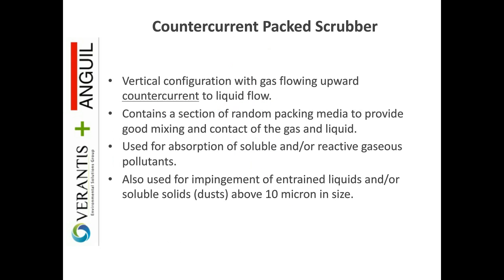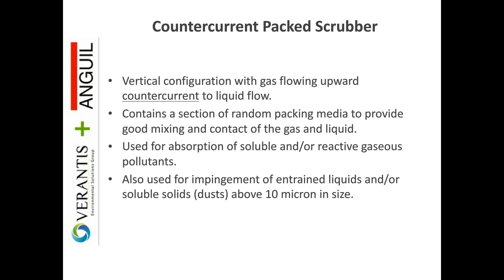So I'll summarize briefly. The countercurrent PAC scrubber is a vertical configuration. Gas flows up, liquid flows down, hence the countercurrent label. This type of scrubber is very good for removal of gaseous contaminants, which is what we have to deal with in these applications.